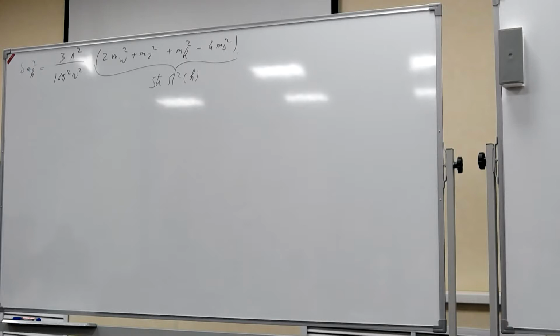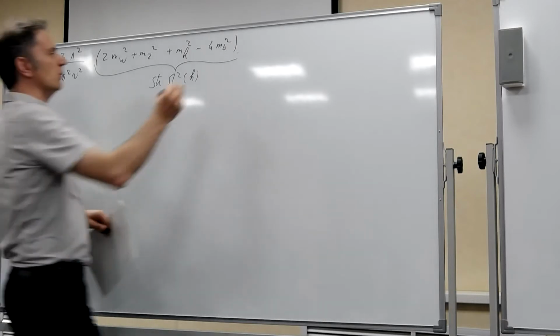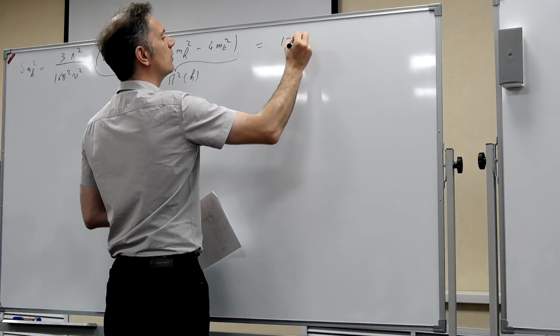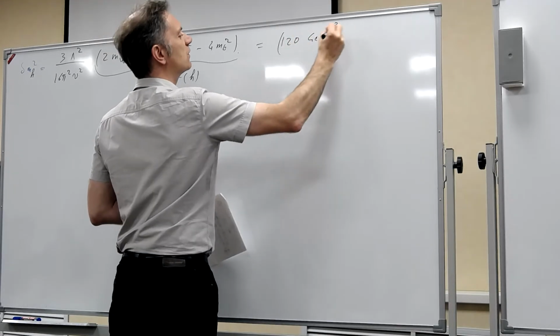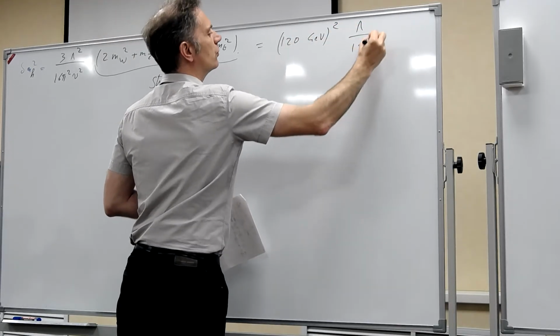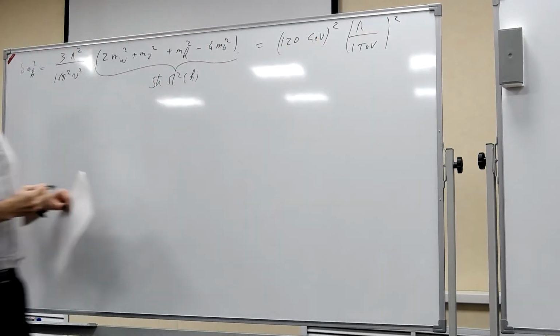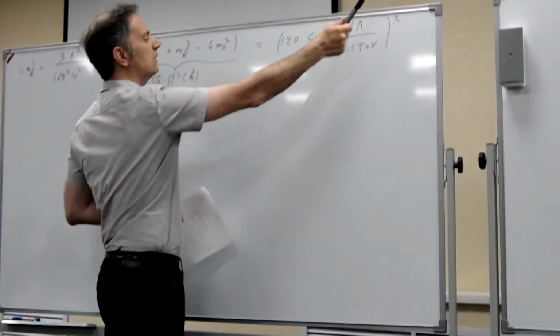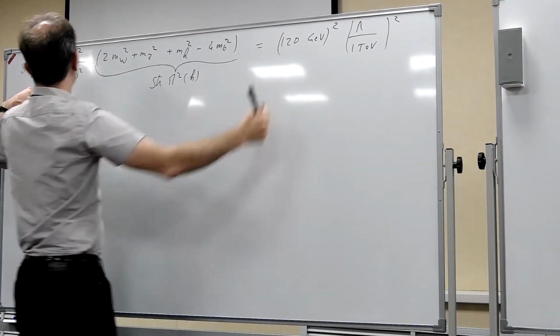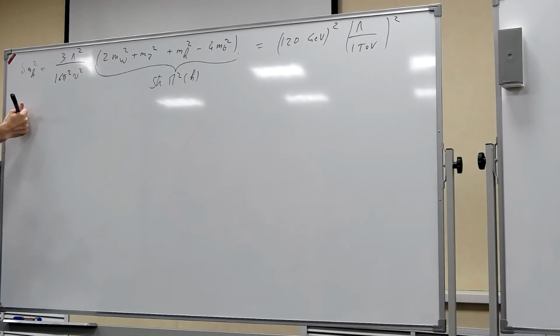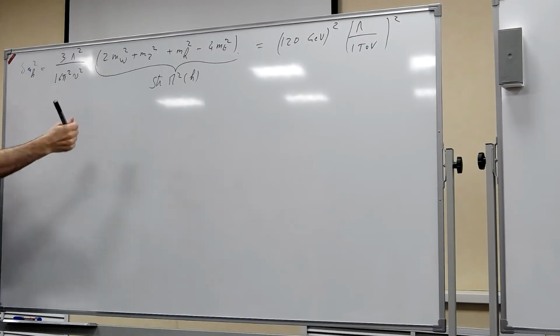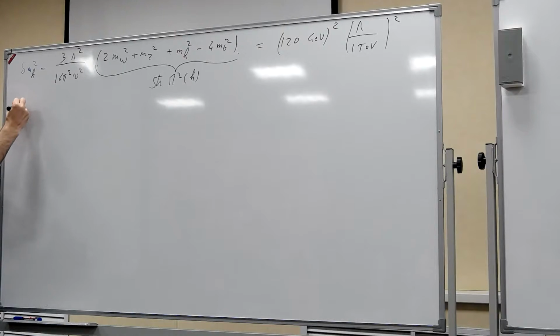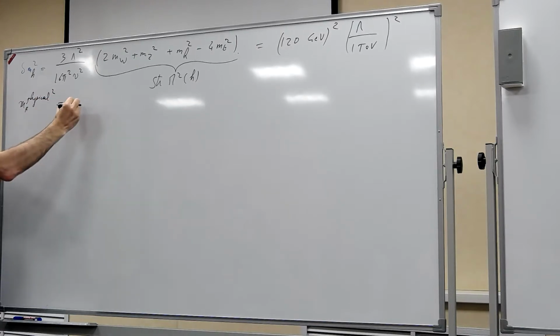So if you increase lambda, you have to fine-tune the quantum correction, delta mh squared, against the tree-level contribution to the mass, so that the physical Higgs mass, the one you can measure in your collider, is the tree-level mass squared plus delta mh squared. The problem is clearly that if this quantity is much larger than this one, you need a cancellation between those two things, which is unlikely or unnatural or whatever you want to say.